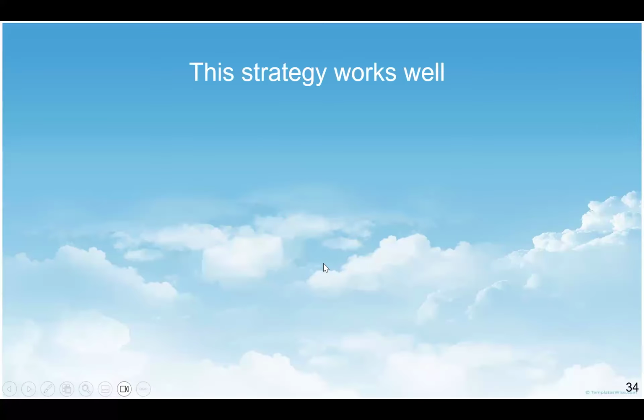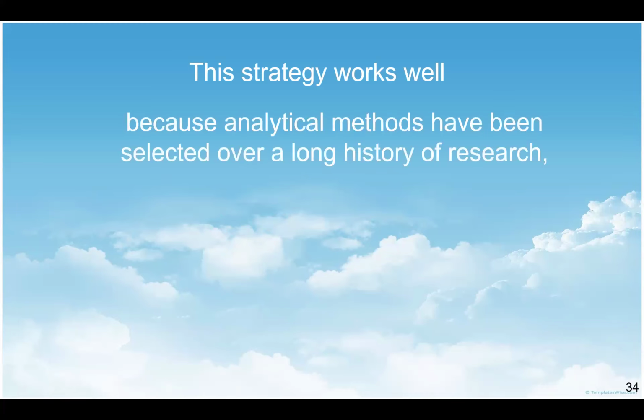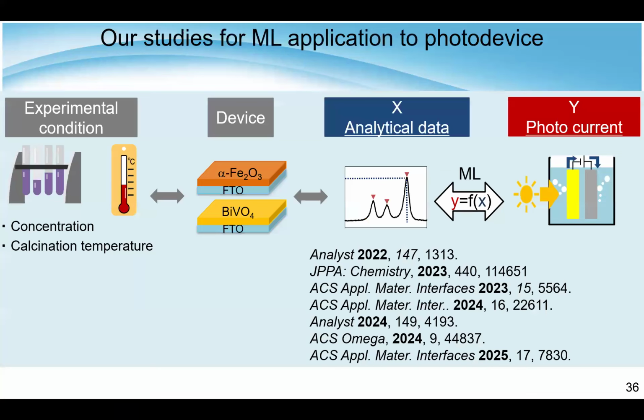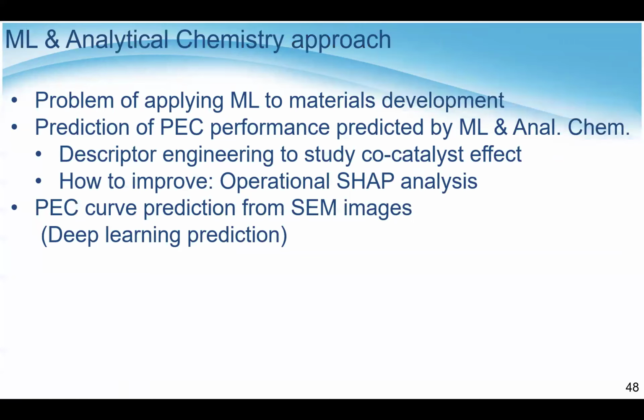What I want to tell you is that this strategy works well because analytical methods have been selected over a long history of research in each field. That's why the resulting analytical data have potentially effective descriptors for materials. This strategy has been applied to various types of materials and combinations, and some of them are connected to the experimental conditions to make the best performance of the material.